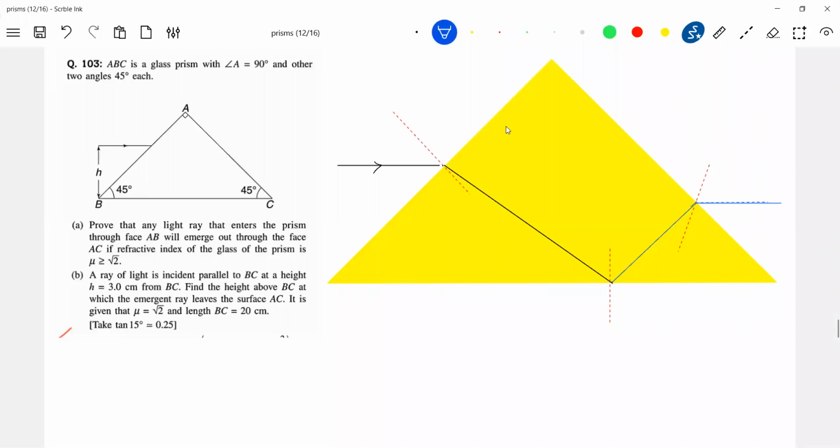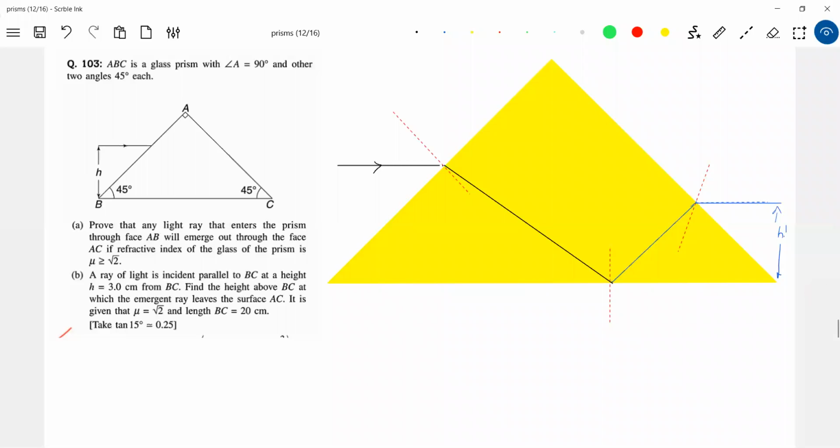This height is what is being asked, h dash. Now the question: sir, why can't the ray go directly here? Why are you thinking like this?